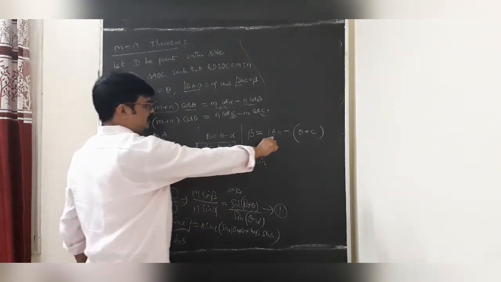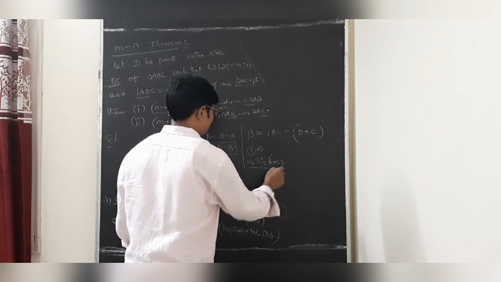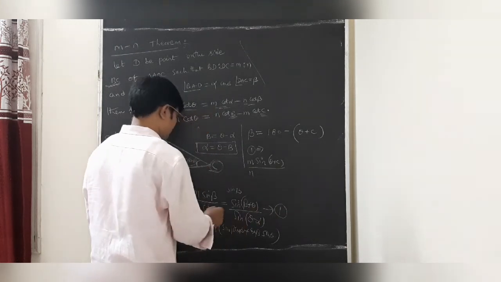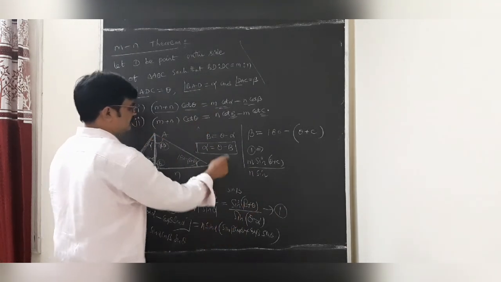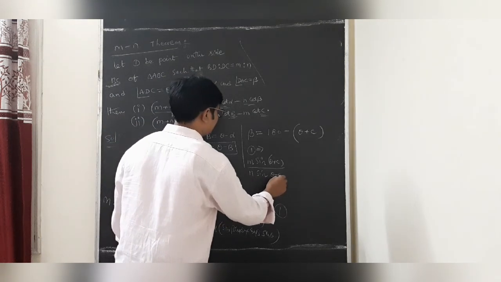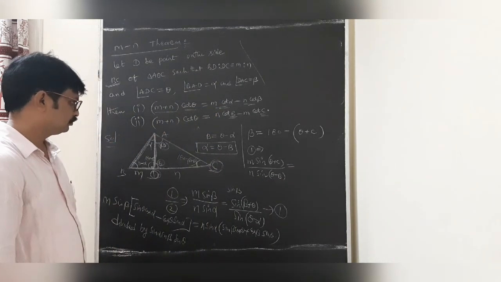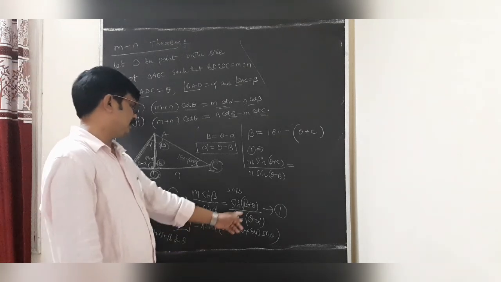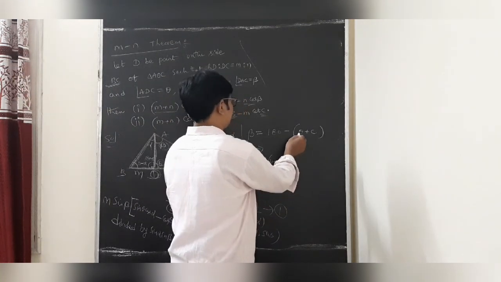Beta is 180 minus theta, so sin of theta. Then n into sin of alpha, and alpha is theta minus B, equals sin of beta plus theta.